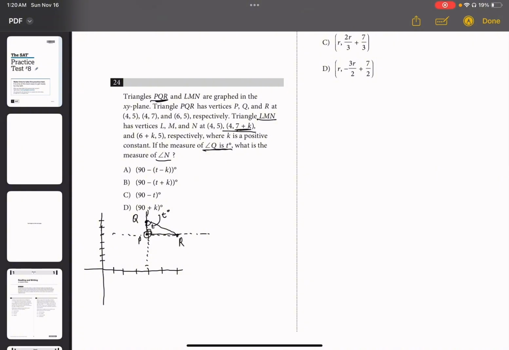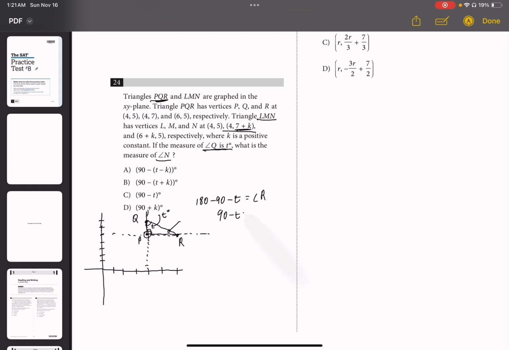Well, we know that N is going to be the same as R. And we know that R right now is 180 minus 90 minus t, because our angles sum up to 180 degrees.